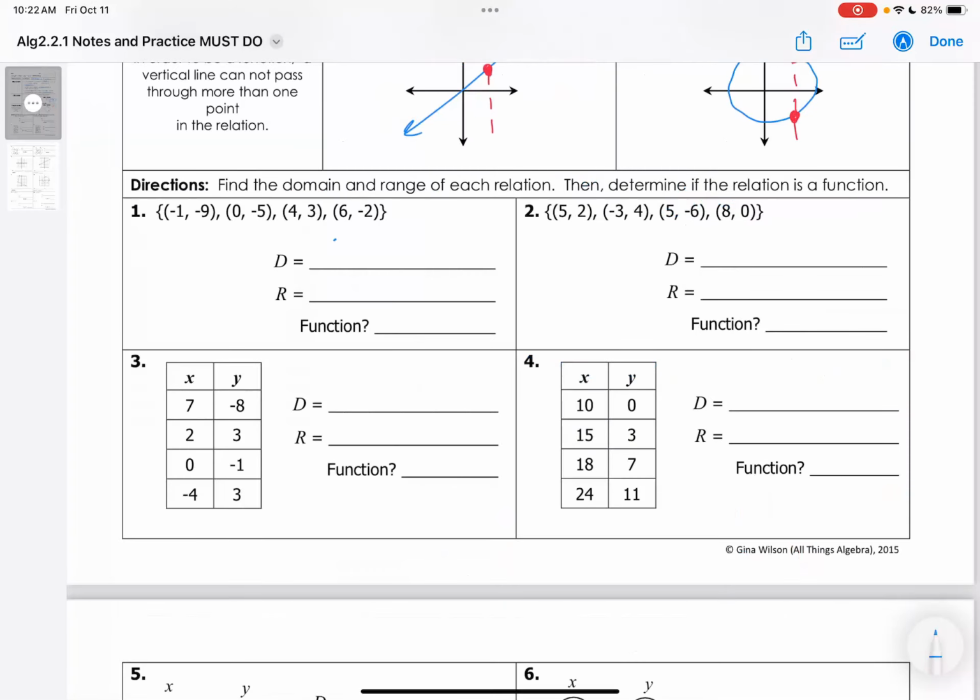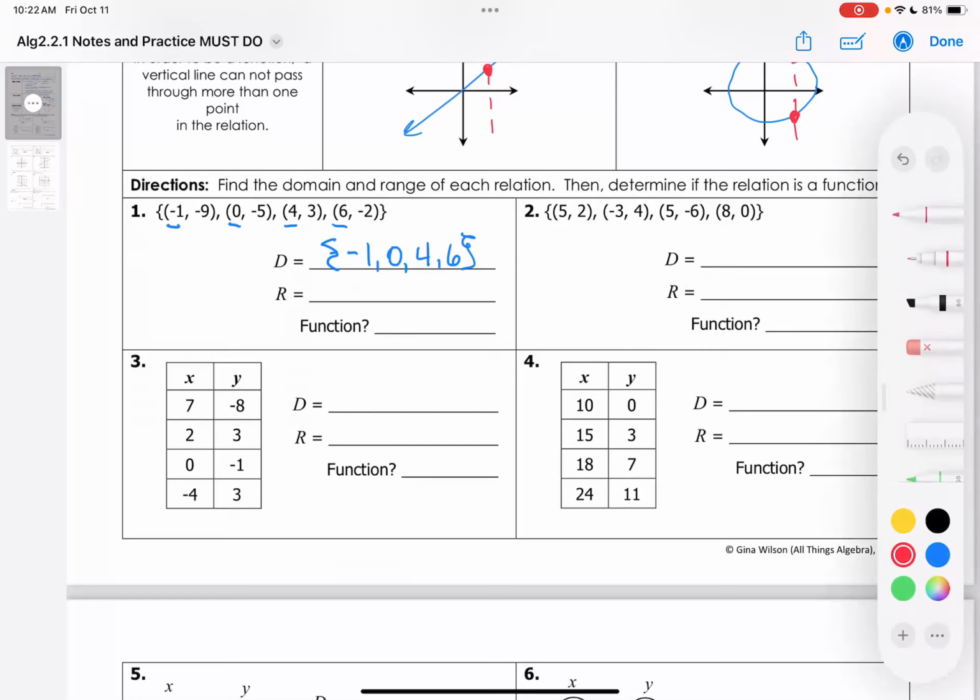So for the domain, we are going to do this little set again, and we're just going to list off all of the x values. And then the range is going to be all of the y values.